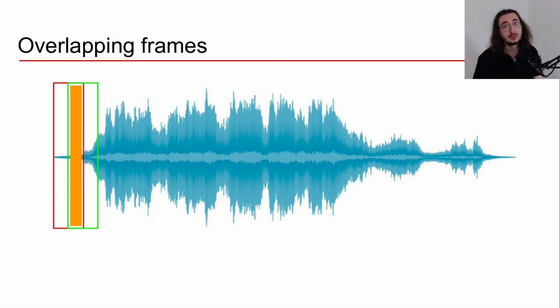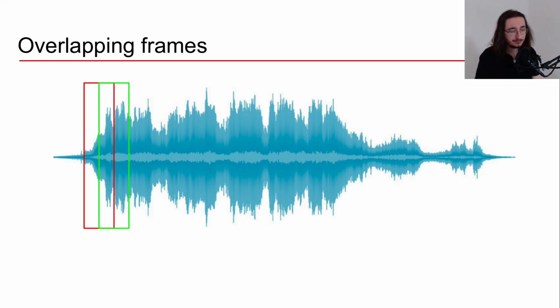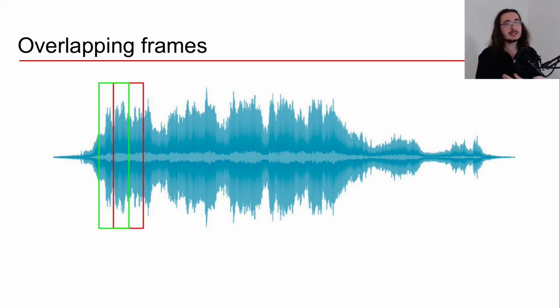By doing so, we account for the information that we lose at the endpoints because we are overlapping frames. Okay, and so we can continue and have a third frame over here, a fourth, and a fifth. Basically, you get the idea. So we just overlap these frames every time.